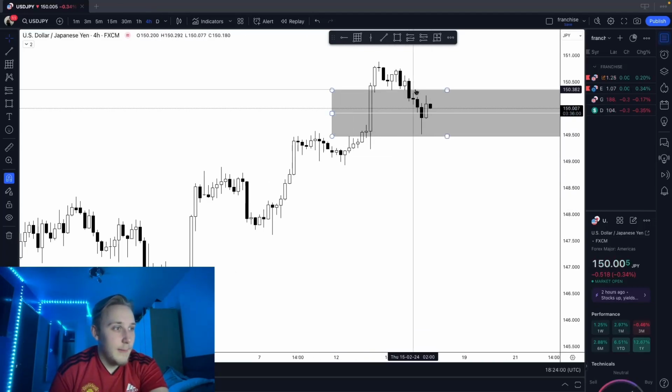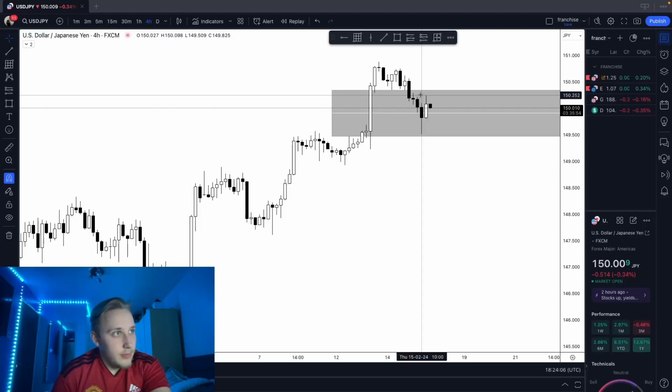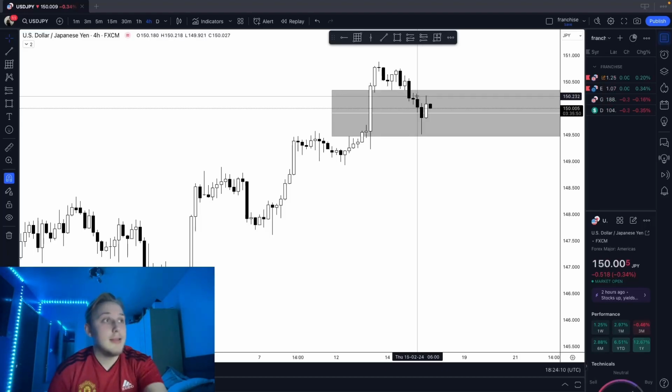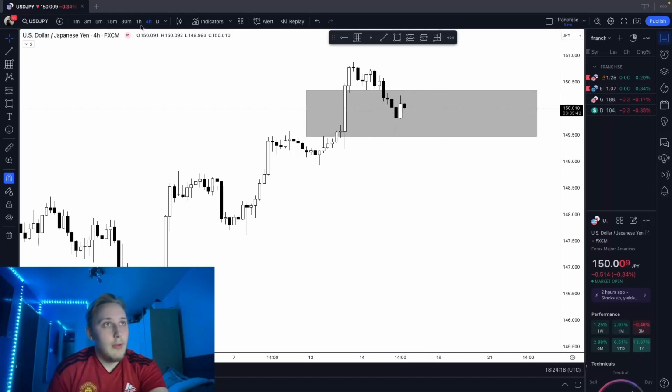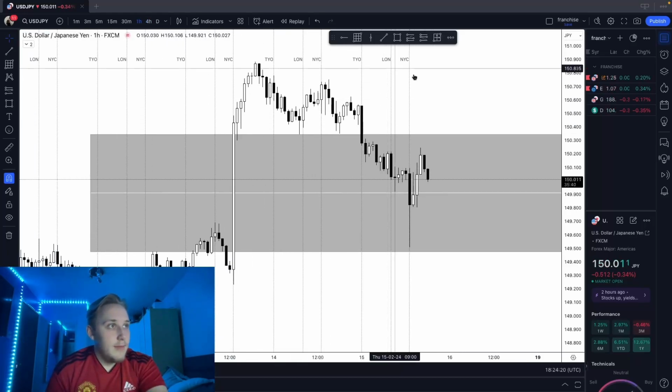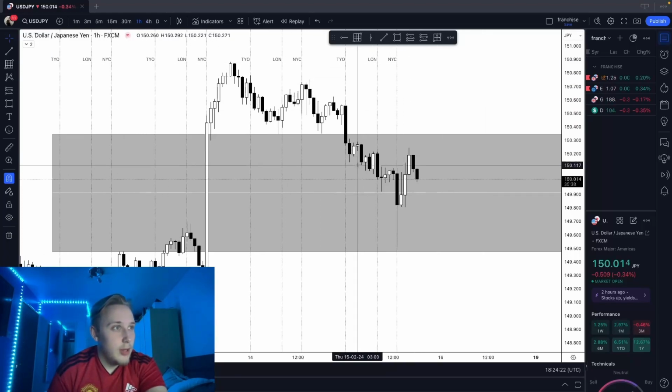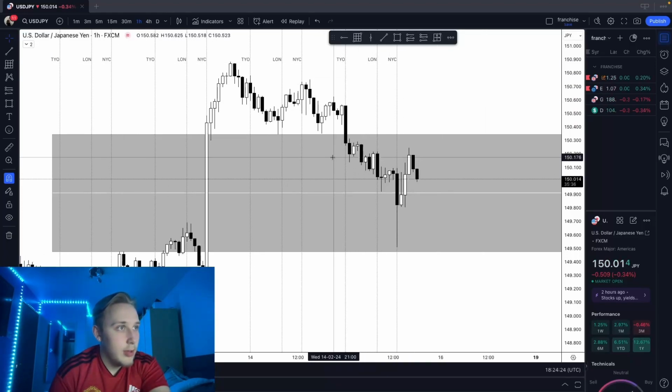Obviously, we'd look at price prior to this candle. As you can see, we're bearish on the 4 hour. On the 1 hour time frame, if we look before London, ignoring that candle, we're bearish again right here.